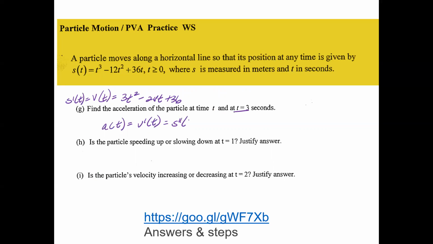So acceleration will be the second derivative of the position function, which is 6t minus 24. And again, if it's acceleration, it'll be meters per second squared. And since we're asked to find a of 3, a of 3 is 6 times 3 minus 24, which is going to give you a negative 6 meters per second squared.